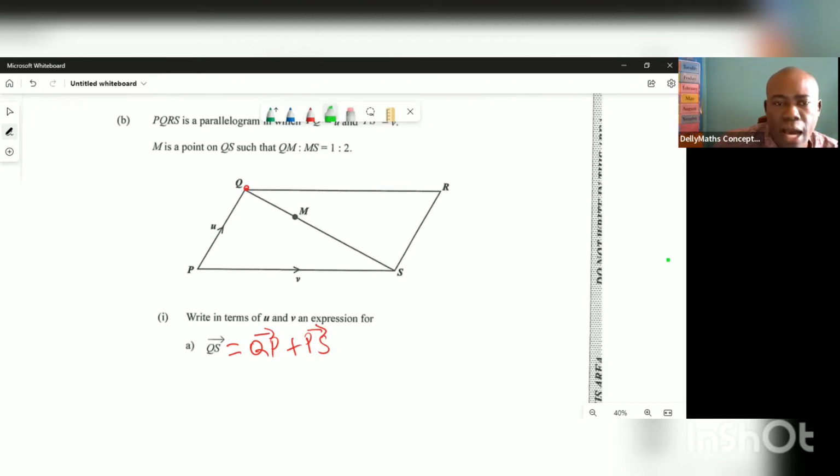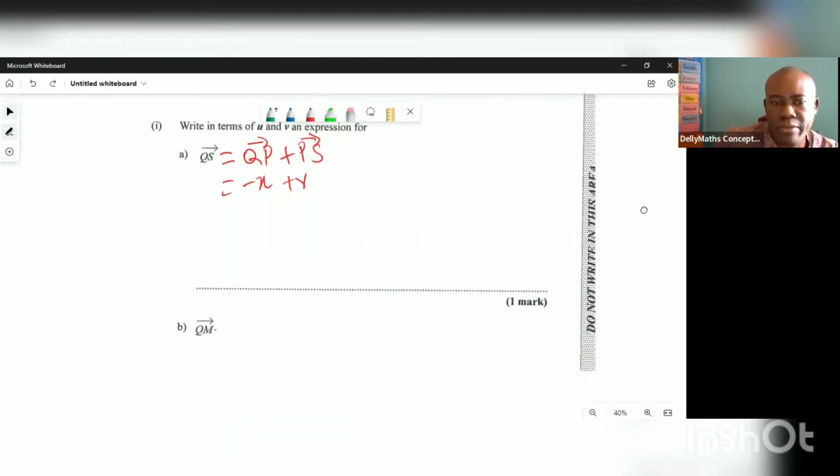Now, if you look at this arrow here, the fact that I'm changing my direction, I'm going to have a negative U, plus V. Because I changed my direction, I'm coming this way. So it's a negative U, and then I'm adding that in the same direction to PS. So QS is negative U plus V.